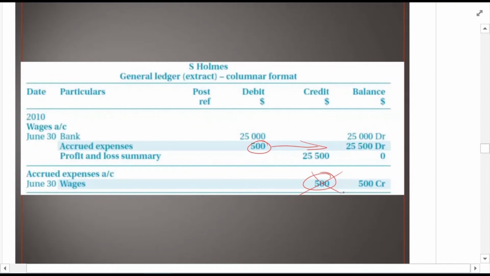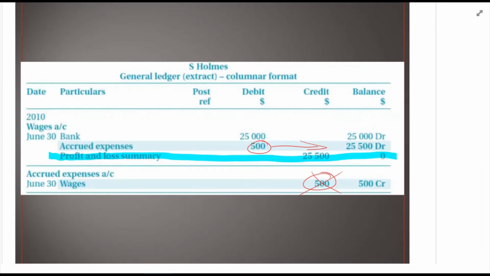We can take it off in the next financial year, so it's not included in the next financial year's profit and loss. That will probably become a bit more clearer when we do reversing entries. Okay, and as you can see here, as the wages account is an expense account, it is closed off. Okay, so it will remain a zero balance.